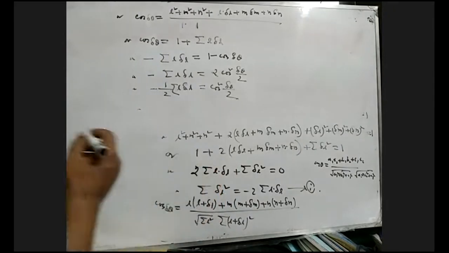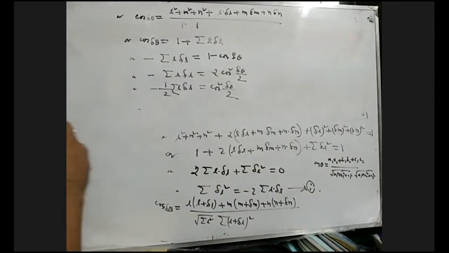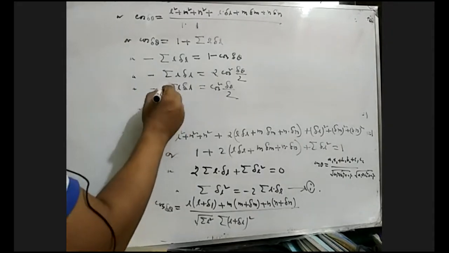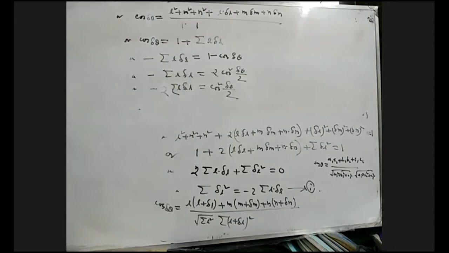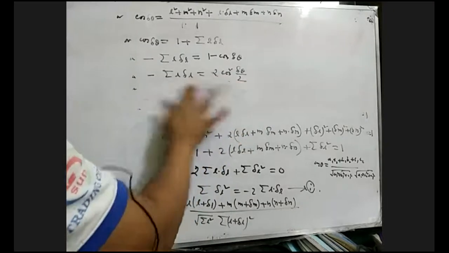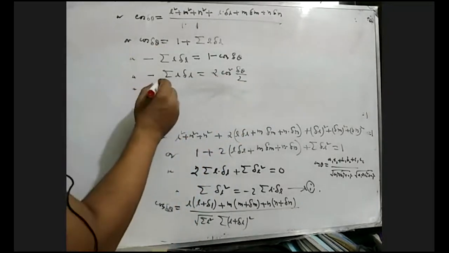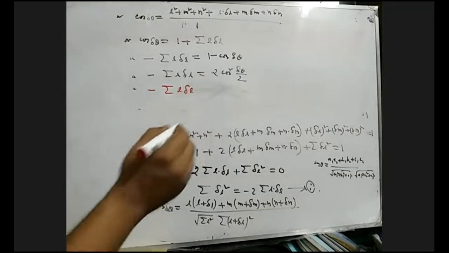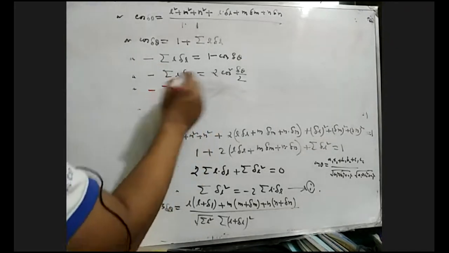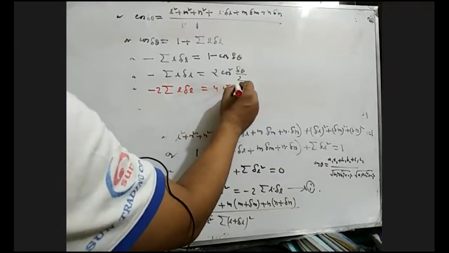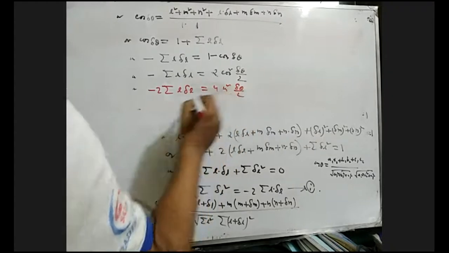So we get these two, actually we can write this minus summation L del L, multiplying by 2 on both sides, we get cos square del theta by 2.